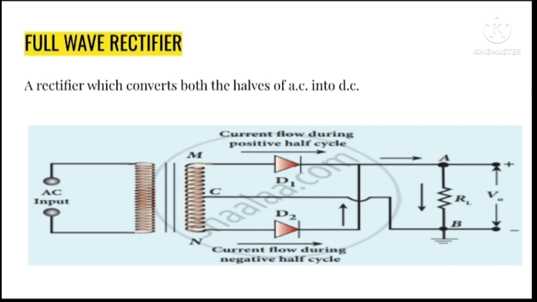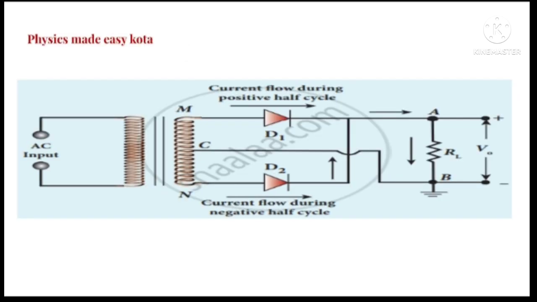Then you can observe which diode is forward biased and which diode behaves as reverse biased. Yes, for this case, the diode D1 acts as forward biased and the diode D2 is reverse biased. So the current due to the diode D1 flows through the circuit in the direction shown by the given arrow, and we get the output across the load resistance.